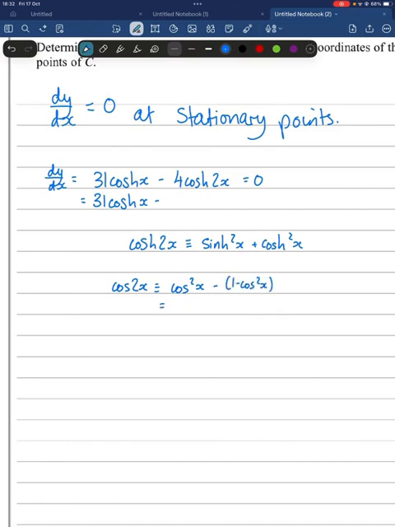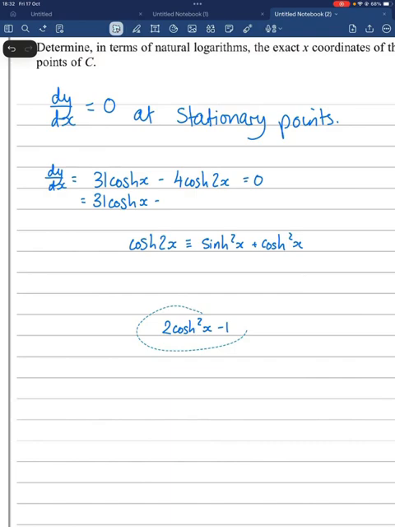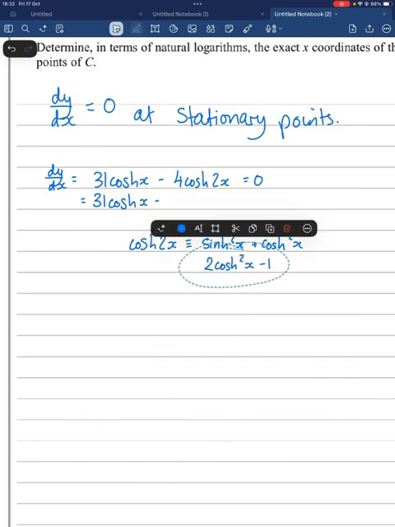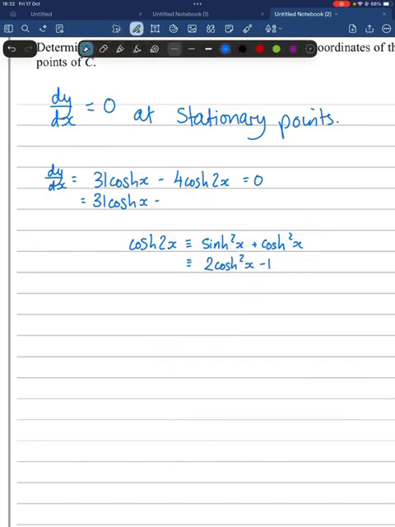And what we end up getting is cos squared x minus 1 plus cos squared x, so we get 2 cos squared x minus 1. So now over here, if we use Osborn's rule, we're just going to get 2 cosh squared x minus 1. So what we can say is that cosh of 2x is equal to 2 cosh squared x minus 1.